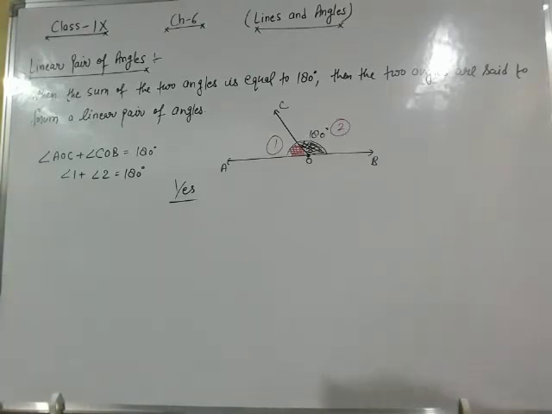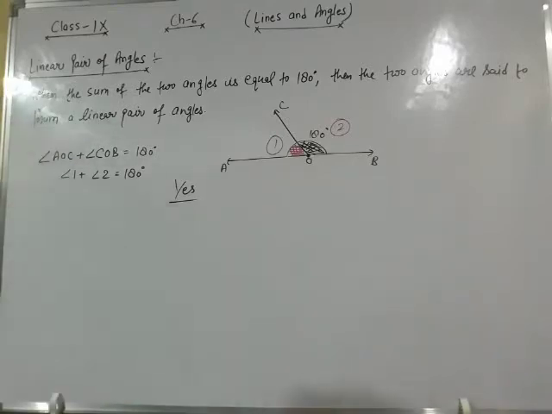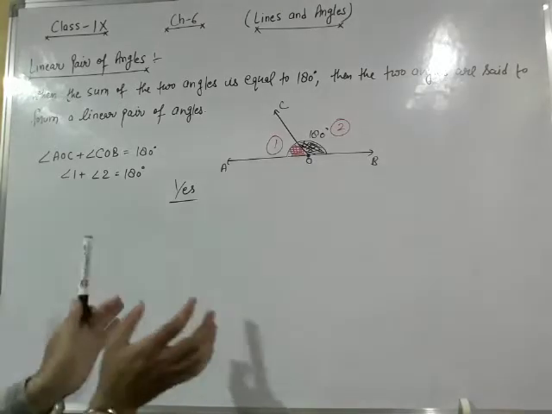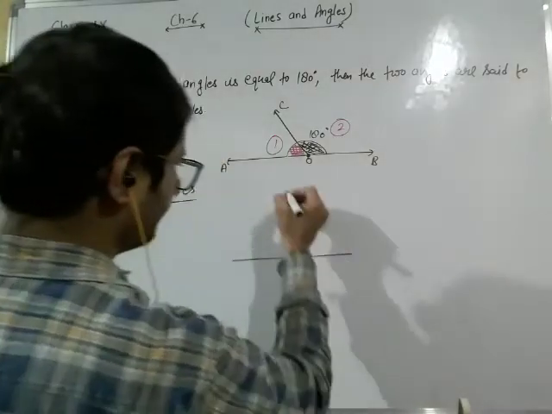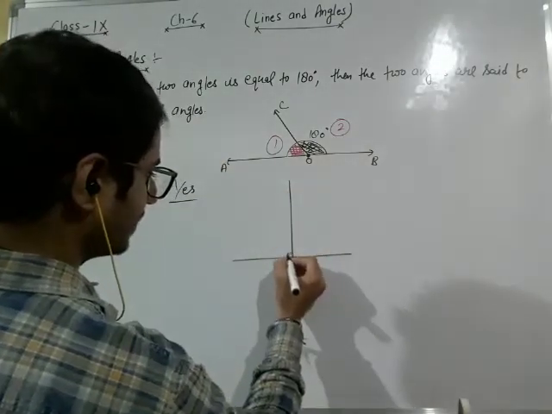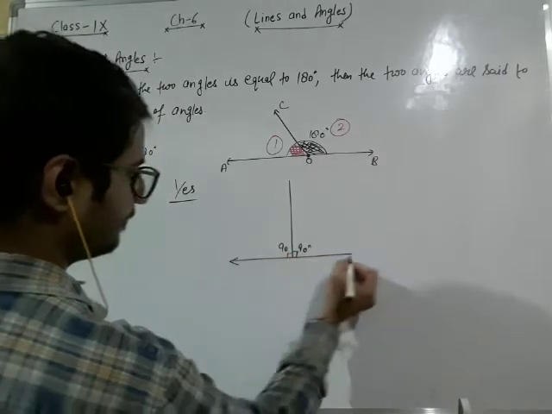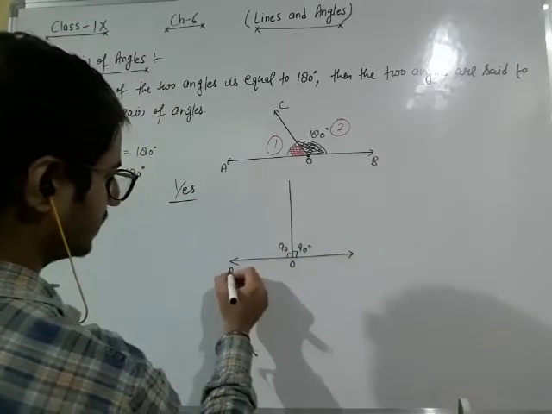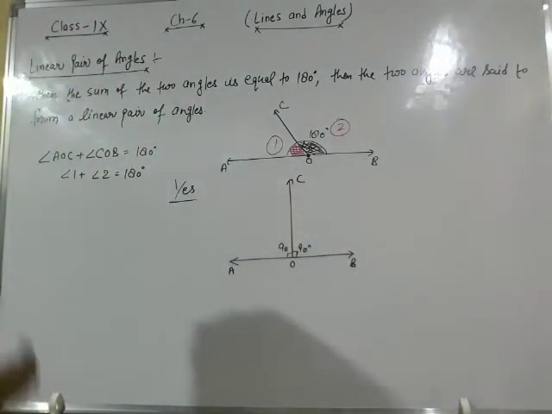Or this diagram can be like this, because we are studying linear pair of angles, so we will study the topic with different diagrams. Suppose this angle is 90 degrees and this is also 90 degrees.